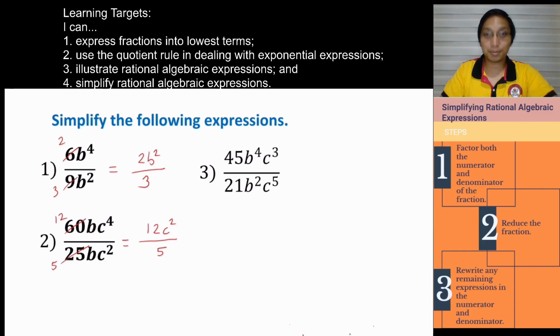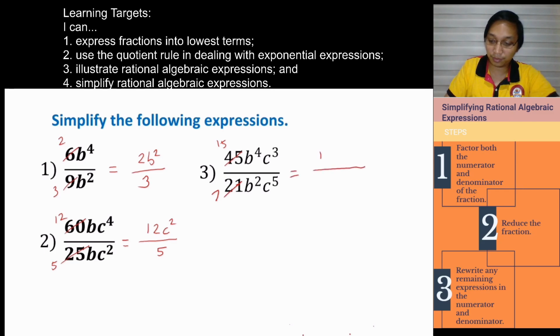In the last example, now let's think of a number that divides 45 and 21. That number will be 3. So 45 divided by 3 will turn into 15. And 21 divided by 3 will be 7. For your exponential expressions, b to the fourth over b squared, that will be b squared.